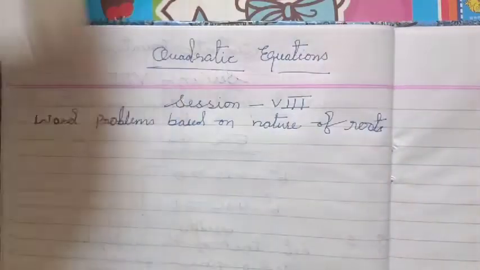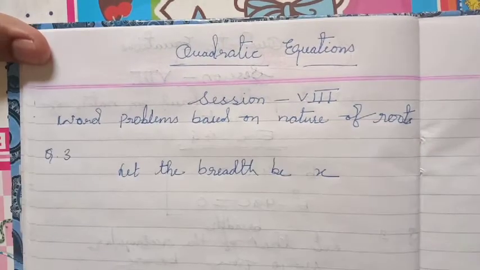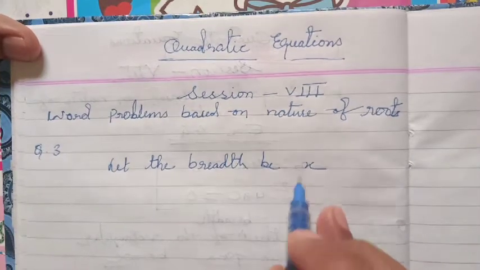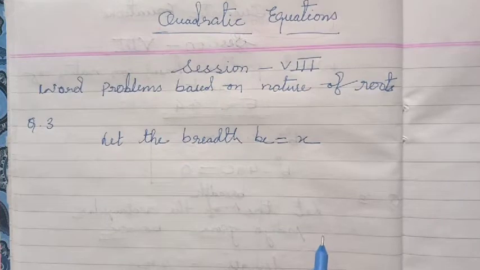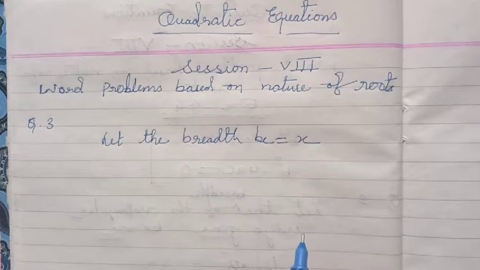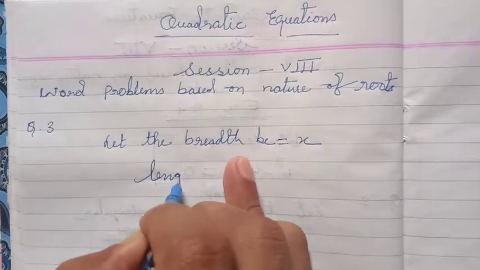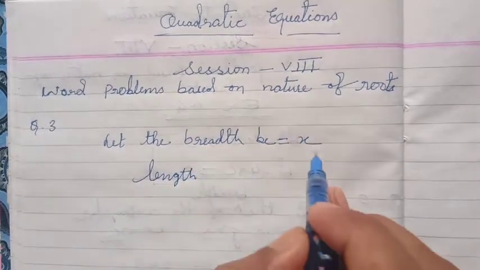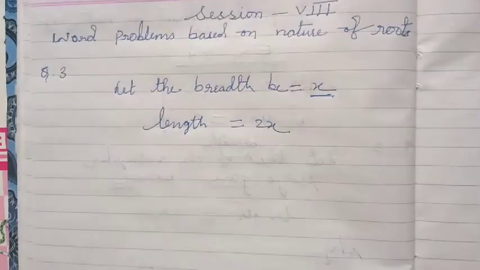According to the question, let the breadth be x. So length is twice its breadth, which means length will be 2x. Clear?